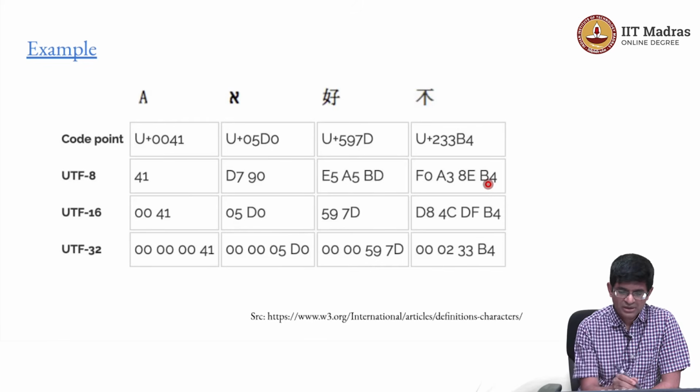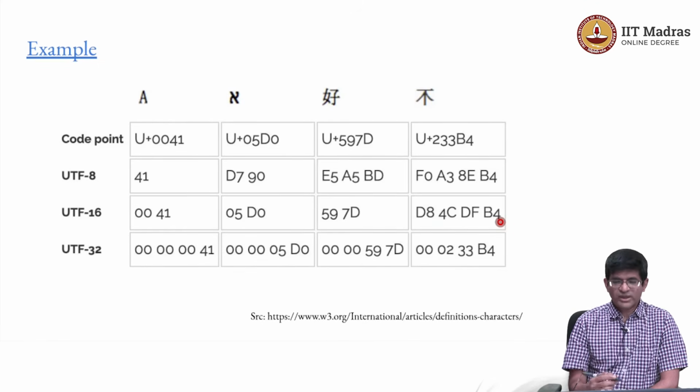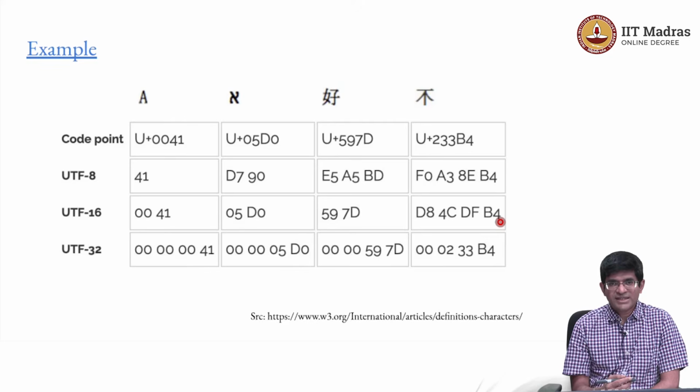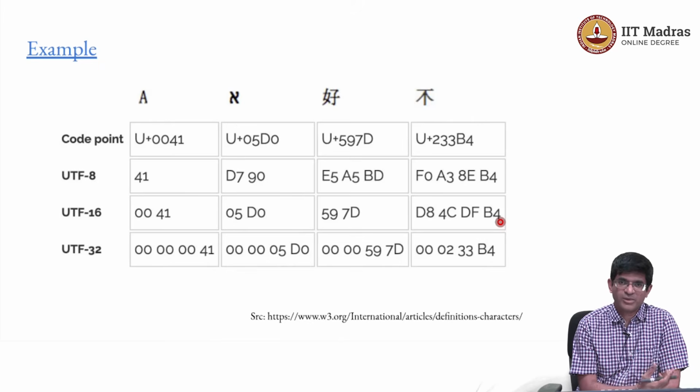UTF-16 uses 2 bytes for most of them and 4 bytes for one of them. So as you can see, both UTF-8 and UTF-16 are variable length encodings. Different characters will have different numbers of bits required to represent them. The advantage obviously is you hopefully will get a smaller representation in the majority of cases.